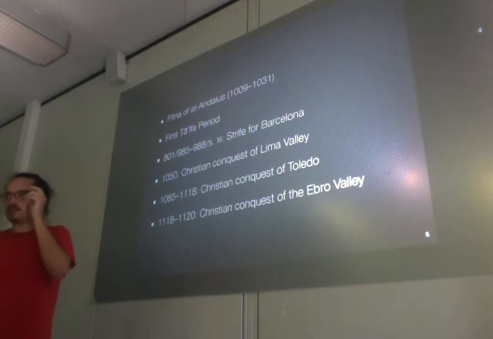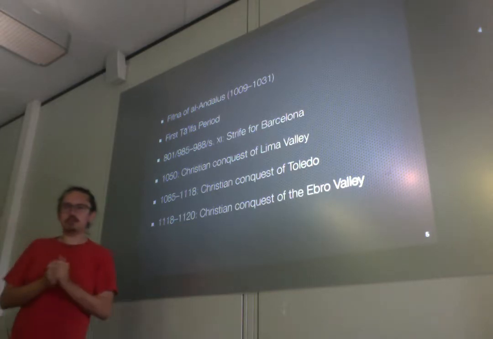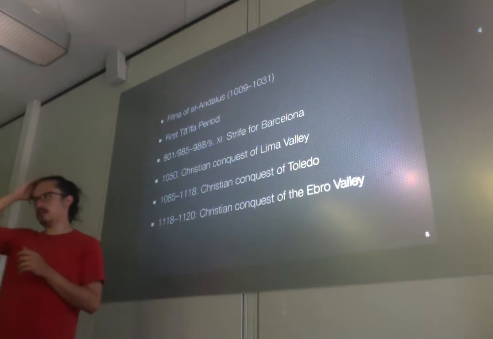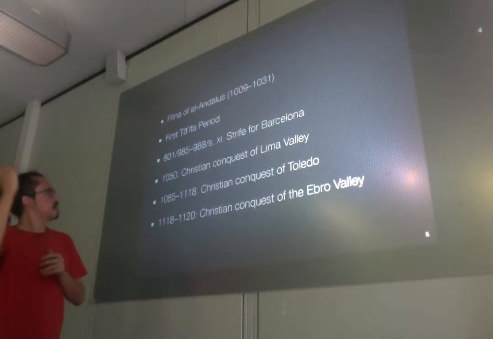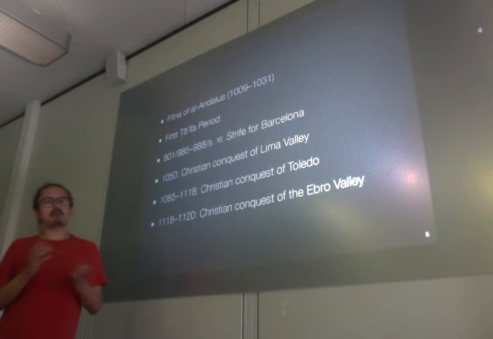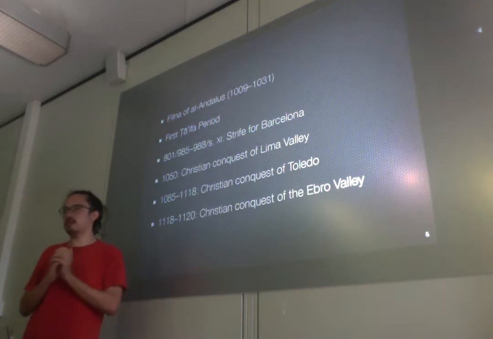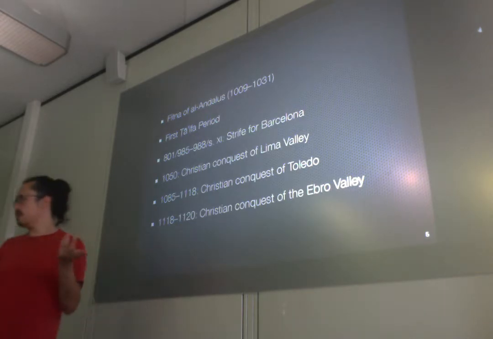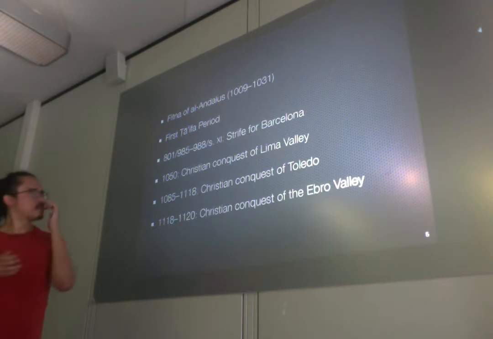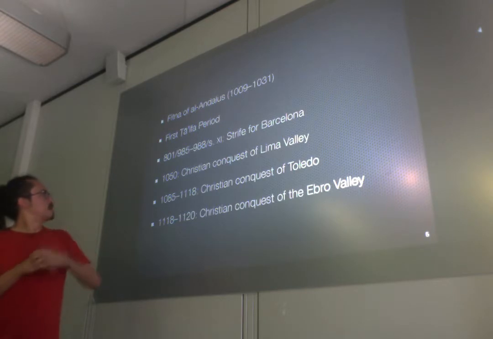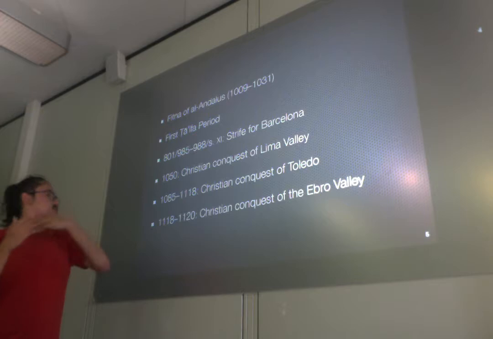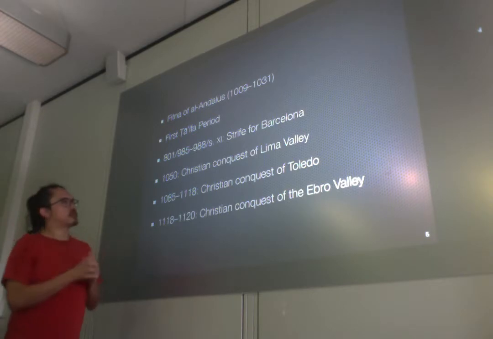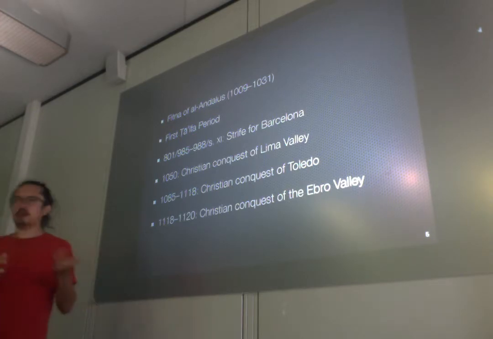So there were many different kingdoms established all around the Iberian Peninsula. Perhaps the most important ones were the Taifa of Toledo and the Taifa of Zaragoza. What I wanted to point out is not the falling of the Taifa of Saragossa and the falling of the Taifa of Toledo.